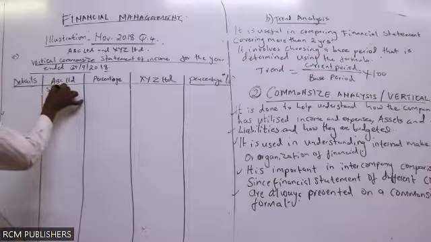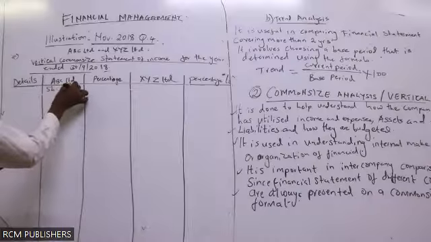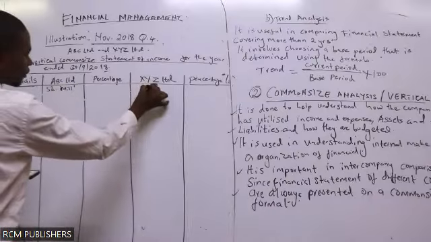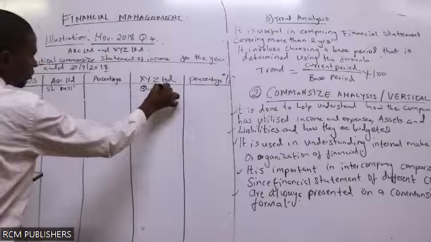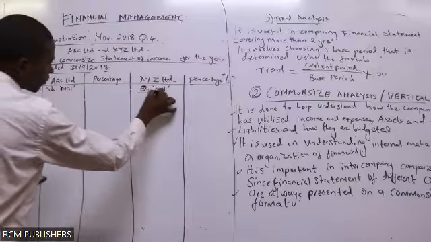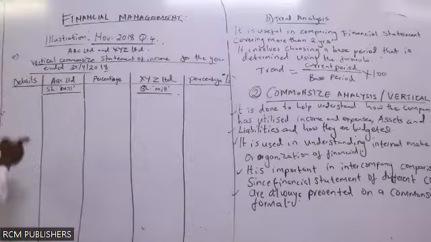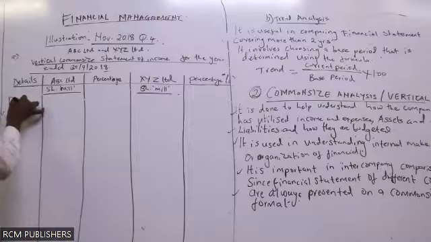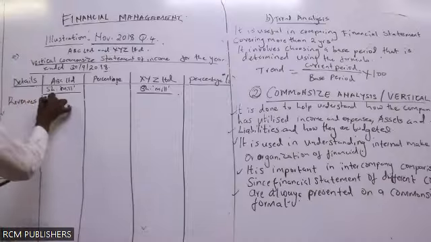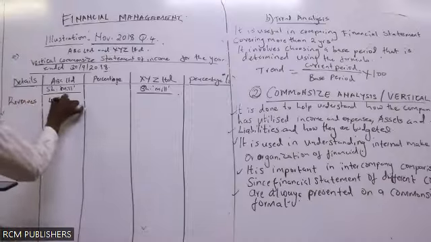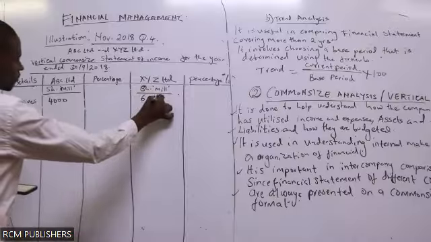The figures are in million. Once you do that, you can now start with your revenue. Revenues, of course, for both companies. We have 4,000. We have 6,000.